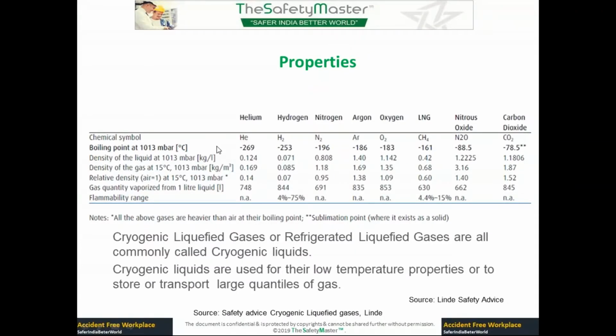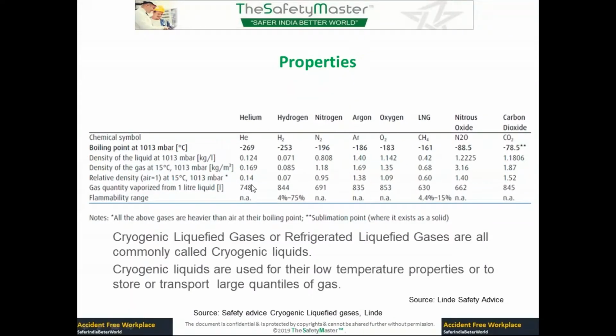For the other gases you can also see the density as well as the gas quantity vaporized for 1 liter of liquid. So this needs to be considered.